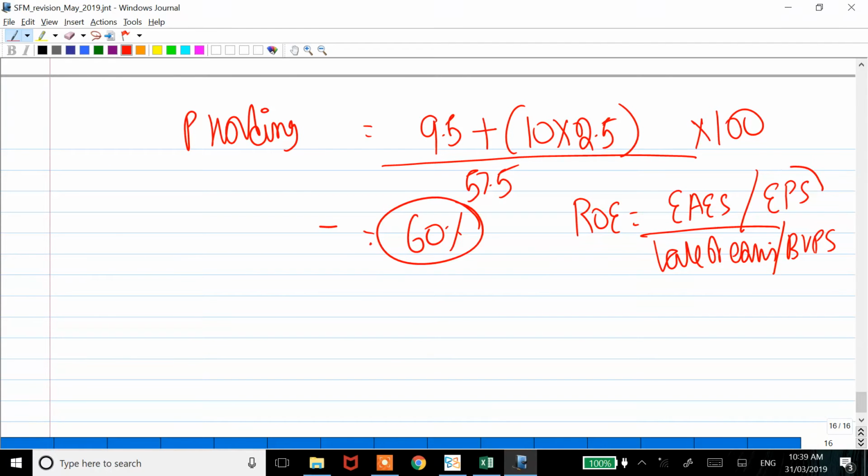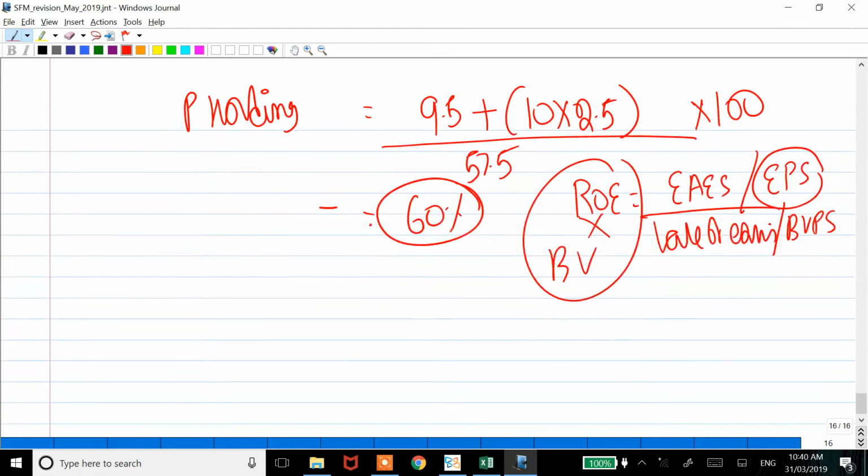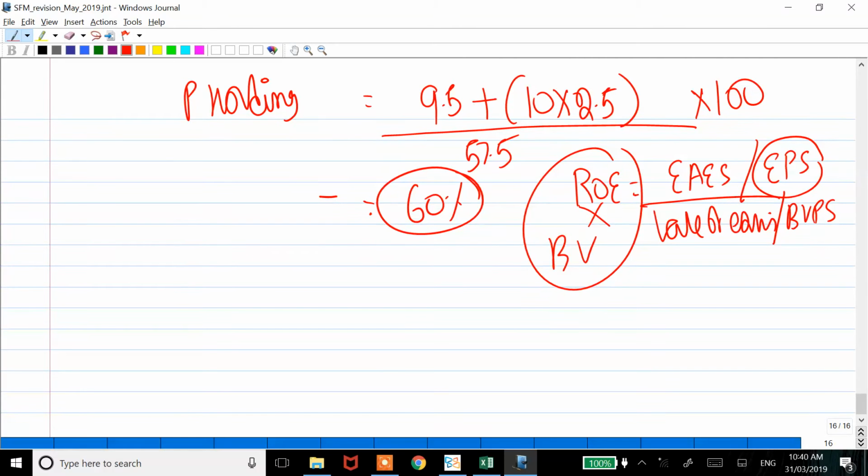In short, EPS is equal to ROE into book value per share. Your earnings per share is a multiplication of return on equity and book value. The other side of the formula will become this. EPS is nothing but ROE into book value per share.